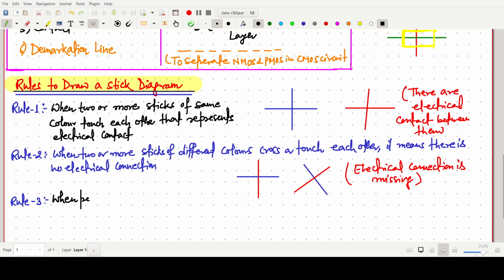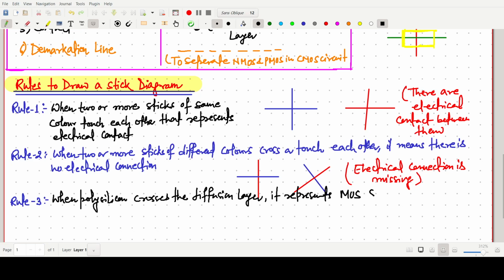When polysilicon crosses the diffusion layer, it represents a MOSFET, a MOS structure, either PMOS or NMOS.